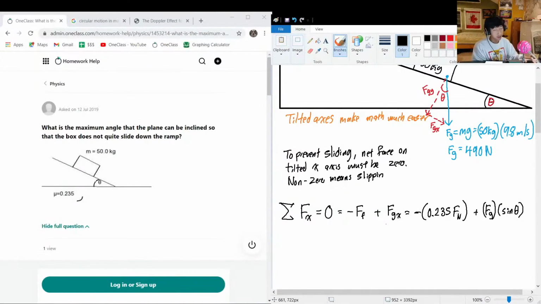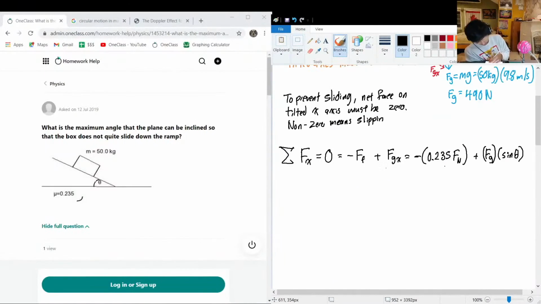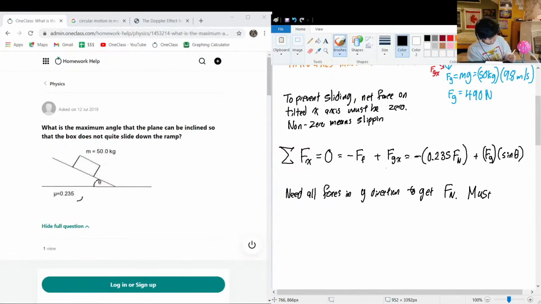We're going to need to do the sum of all forces in the y direction to solve for Fn, the normal force. Need all forces in y direction to get Fn. Oh, bless you. Thank you.